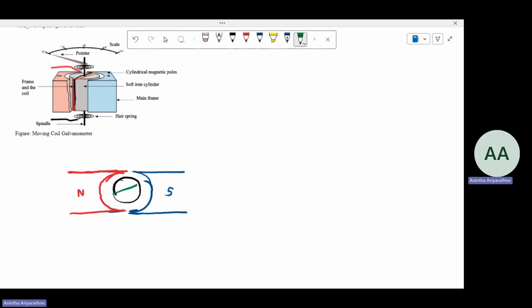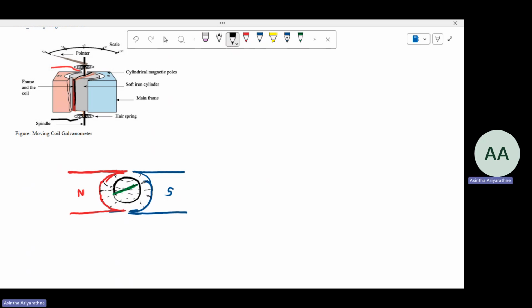The specialty here is that the magnetic field is not straight, because of the cylindrical shape of the magnetic poles.